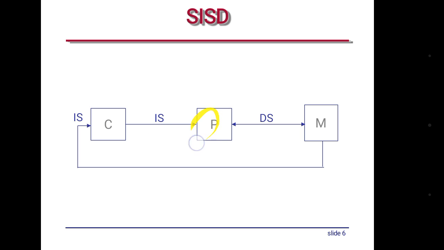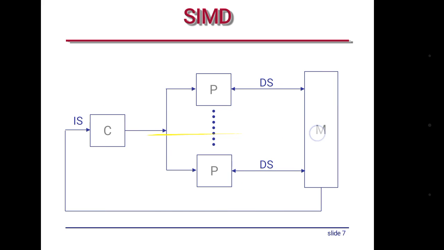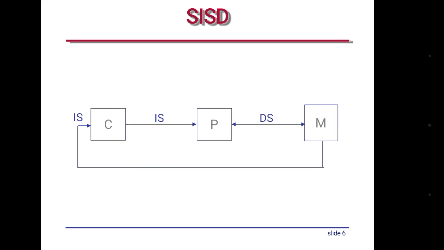The processor processes it and produces a data stream, that is DS, and writes it back to the memory. So there is only one instruction moving from the memory to the control unit, and from the control unit to the processor, and only one data stream passed to the memory. That's why it is called SISD, single instruction, single data.